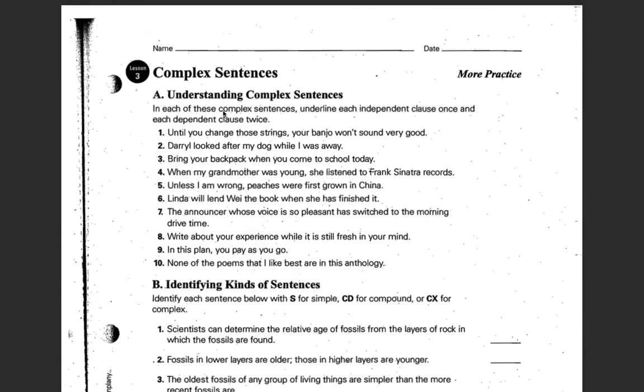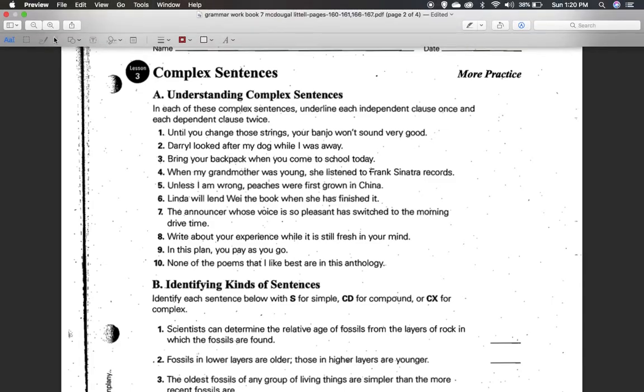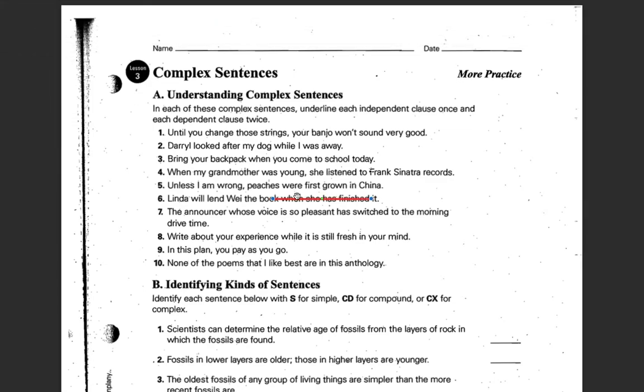In each of these complex sentences, underline each independent clause once and each dependent clause twice. So, number 1 says, until you change those strings, your banjo won't sound very good. Where is my independent clause? My independent clause is very clear. Your banjo won't sound very good. So I need to underline this clause once.